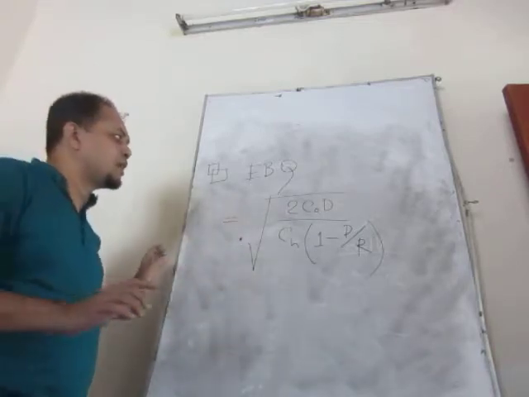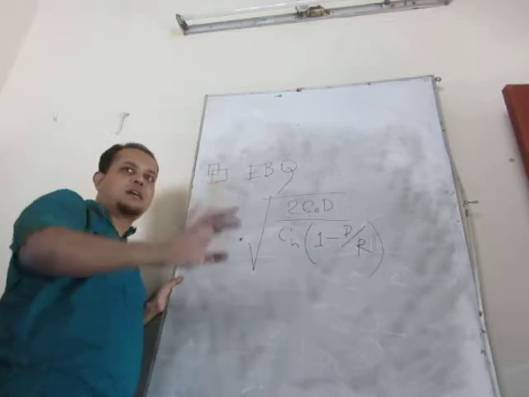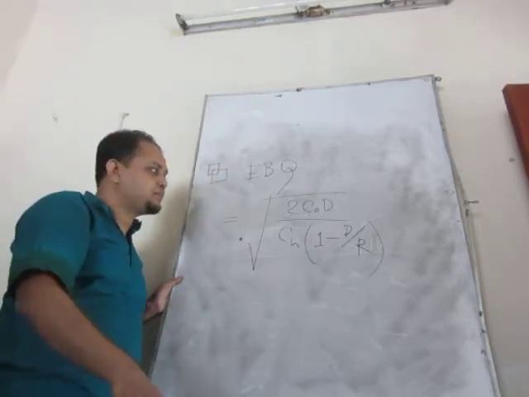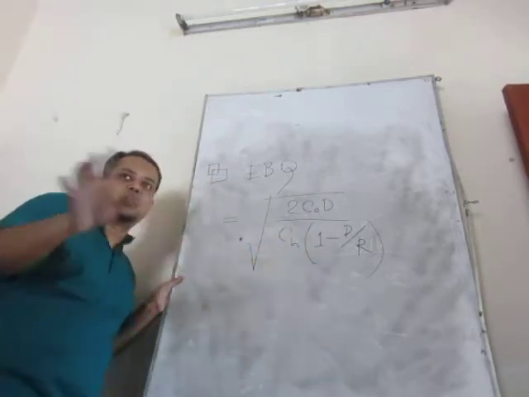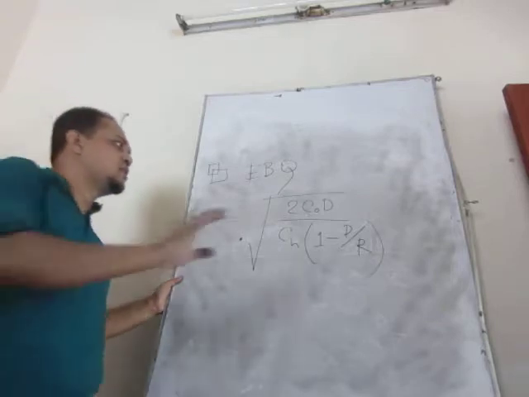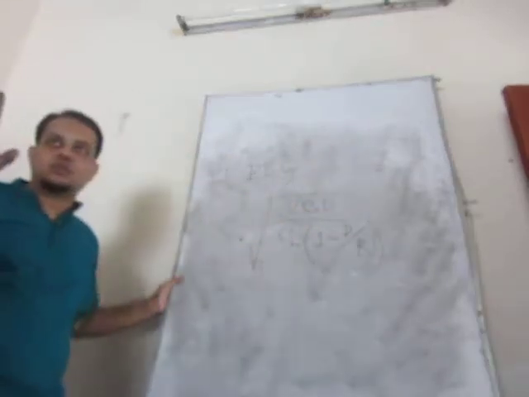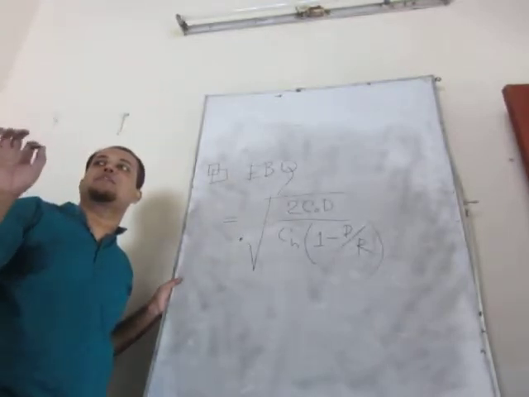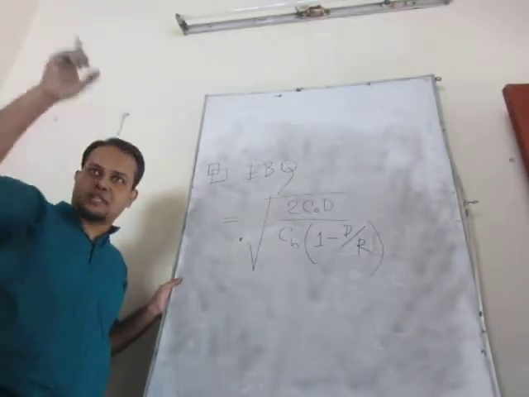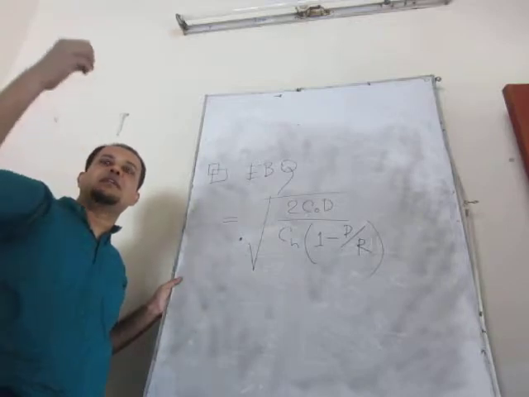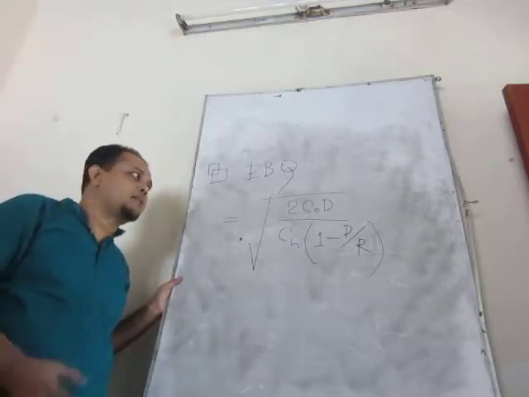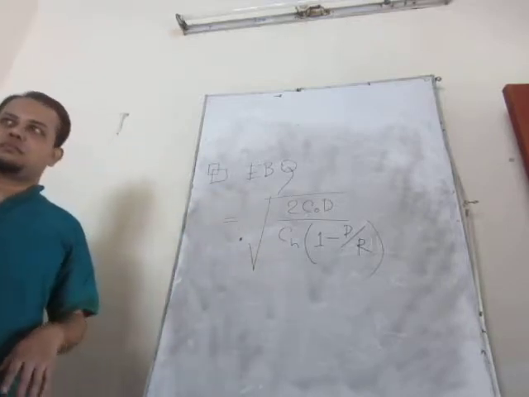Here some differences are also there. CO is just like the ordering cost per order. CH is holding cost per amount held. D is annual demand, but here CO, initially CO means ordering cost per order. Freight transportation charges were there, then administrative charges were there, etc. But now material is in-house.